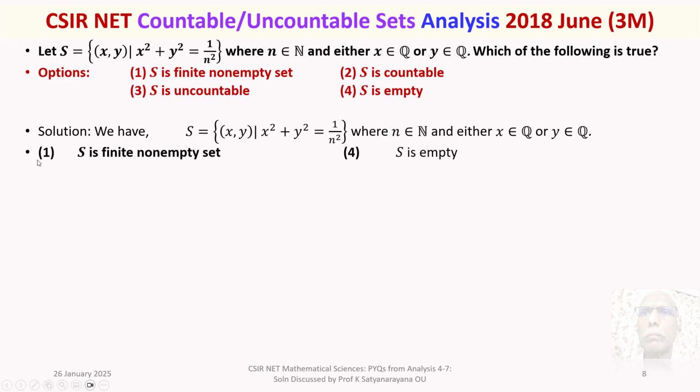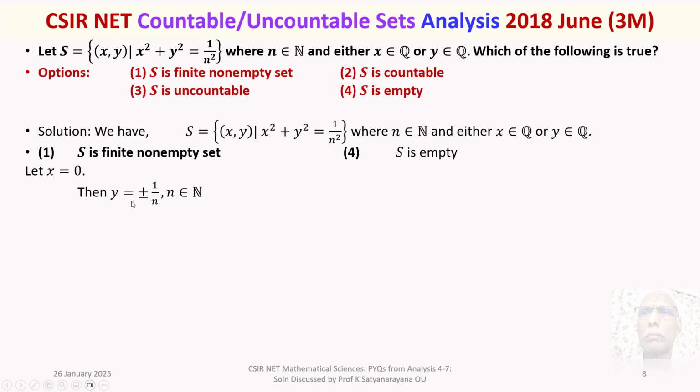Now we look at option 1 and option 4. Option 1, S is finite and non-empty set. Option 4, S is empty. Now let x be equal to 0. So substitute x equal to 0, then y square will be equal to 1 by n square.